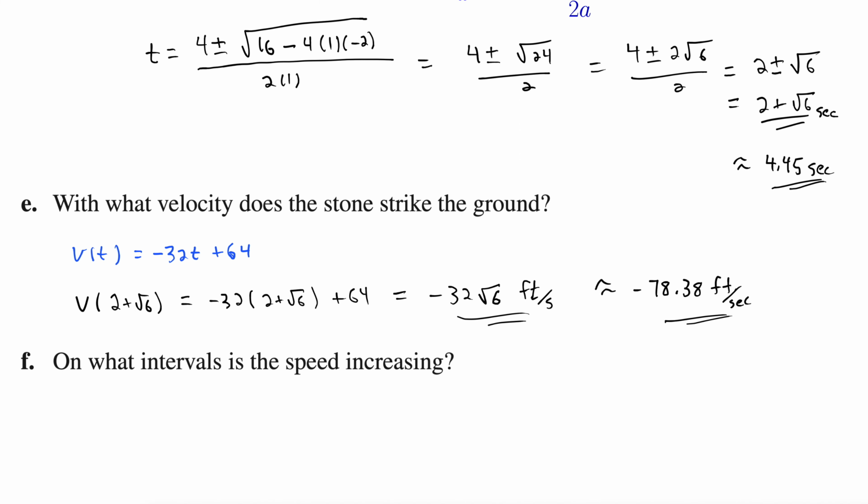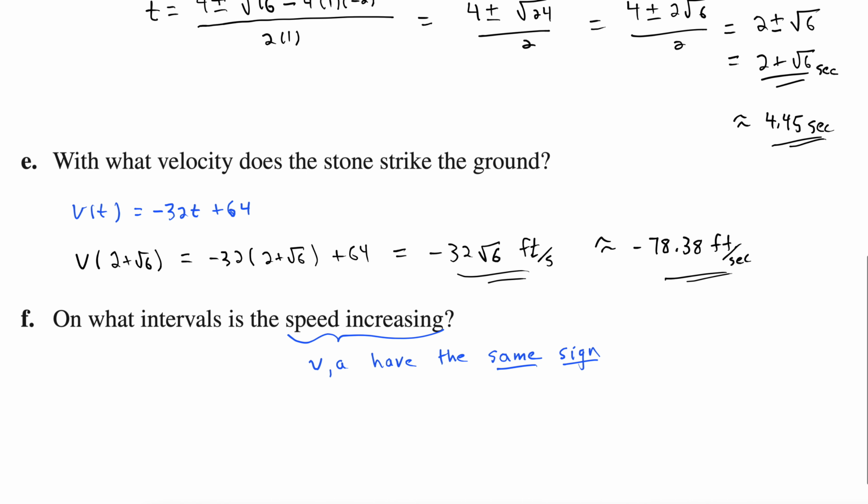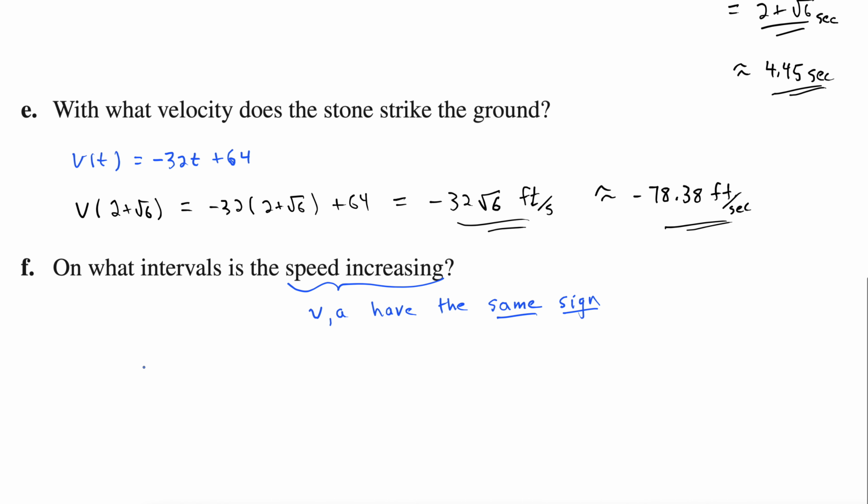On what intervals is the speed increasing? Well, the speed is increasing when the velocity and acceleration have the same sign. So let's take a look at this example again. If you recall, we have a stone being thrown from a cliff, and we're doing this in time here. It looks something like so.